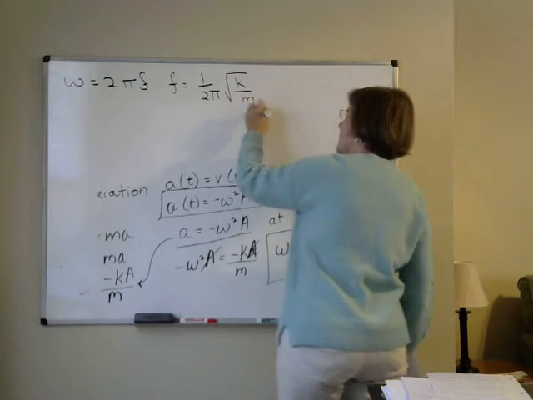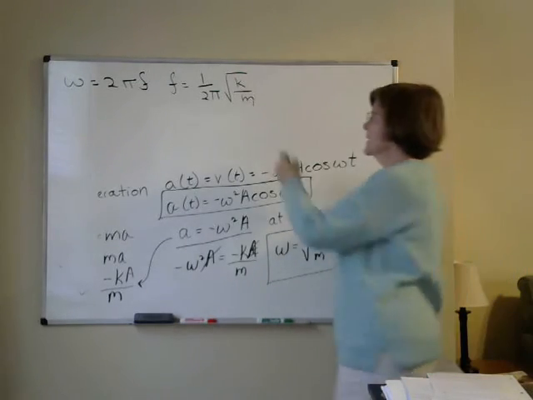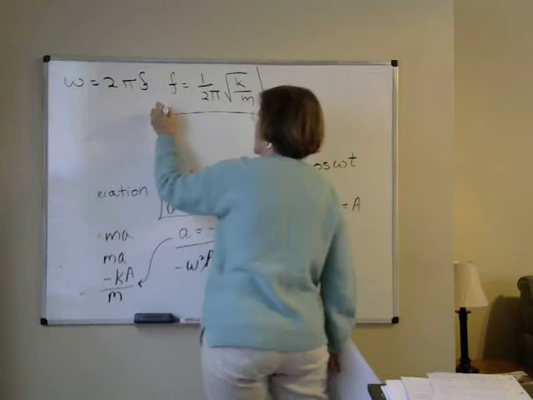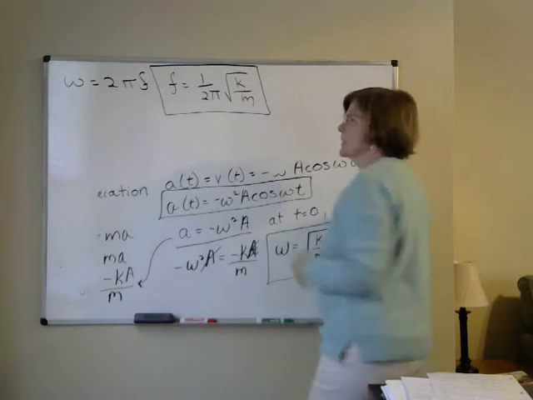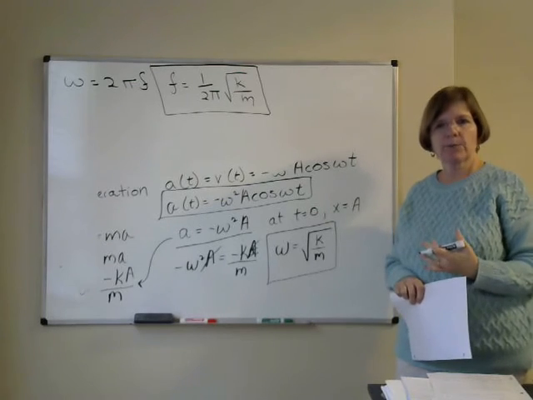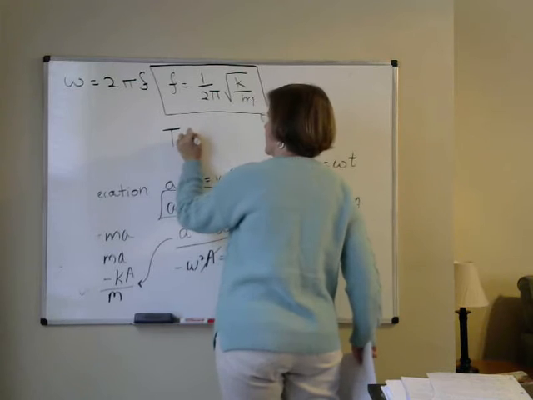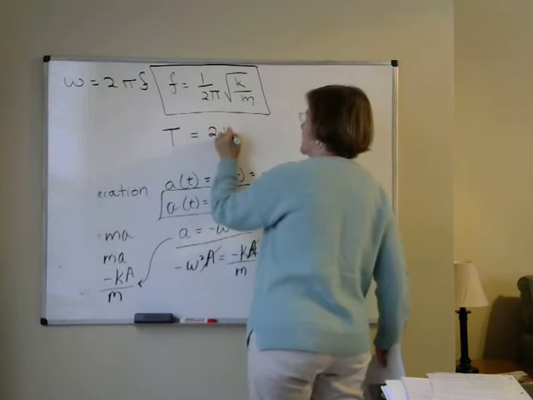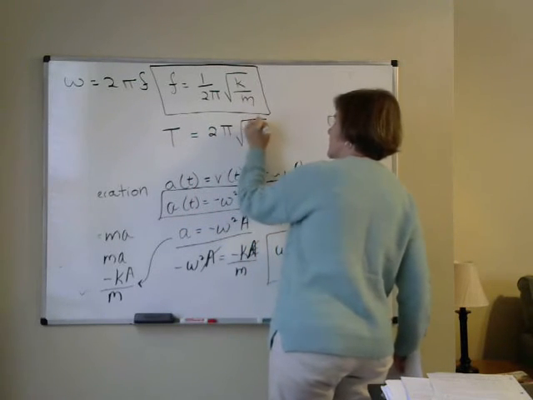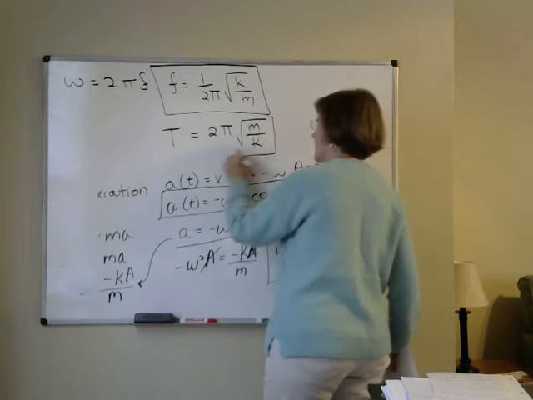So if I want the frequency instead of the angular frequency, I have to divide by 2 pi. I also know there's a relationship between period and frequency, that those are reciprocals. If I take the reciprocal of this, then I get that the period must be 2 pi times the square root of m over k.